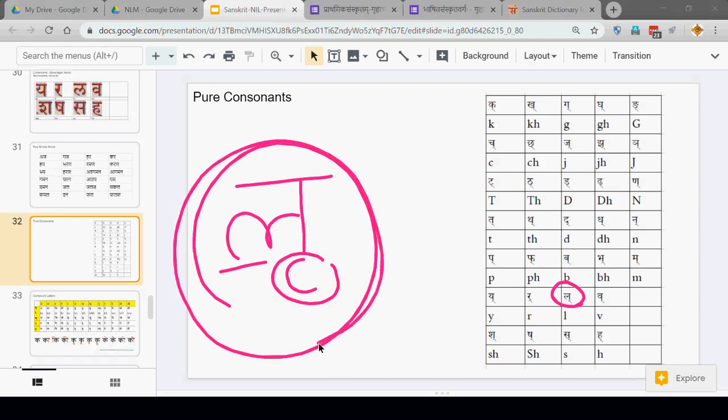But while pronouncing this combination, initially there will be a touch to pronounce this l sound, then it becomes a compound consonant which can be pronounced. However, in Devanagari script, the symbol for r and z is same.